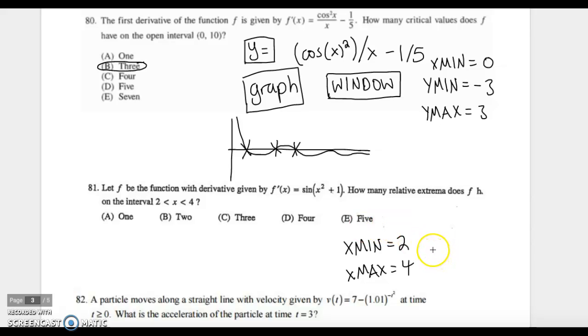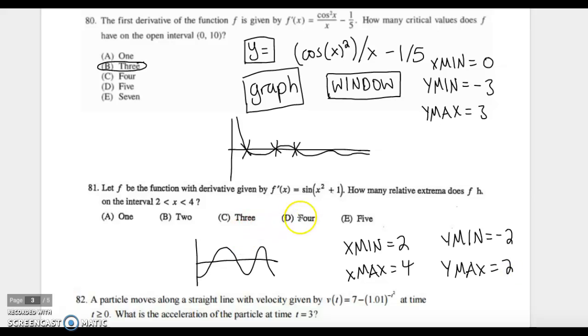All right, and so if I'm looking, it crosses 1, 2, 3, 4 times. If you graphed it correctly, you should have something that looks kind of like this. And that was when I changed my y minimum to -2 and my y max 2. So there are 4.